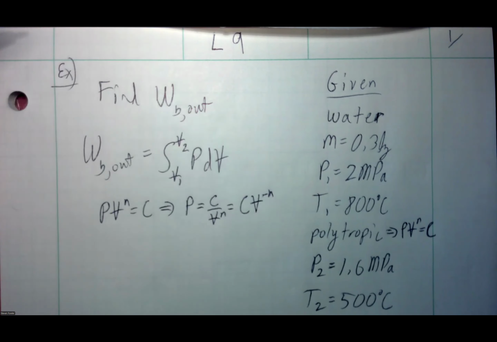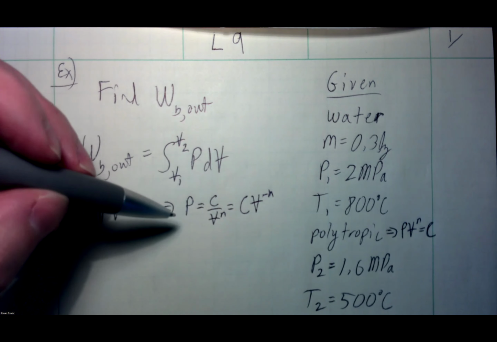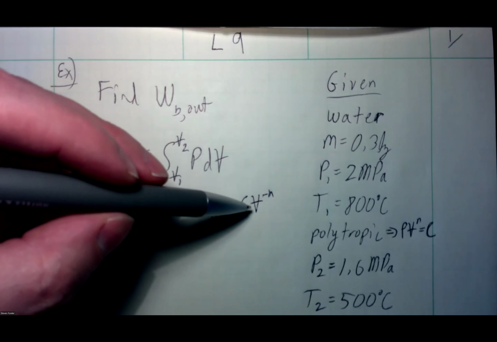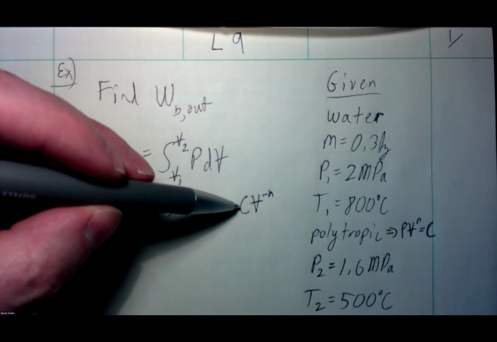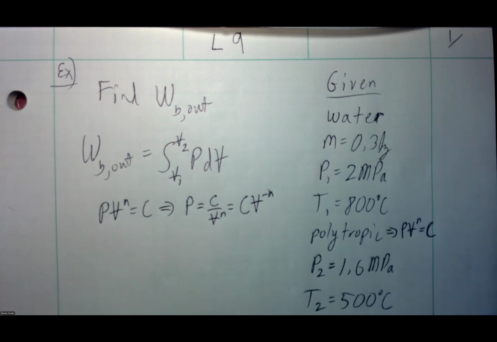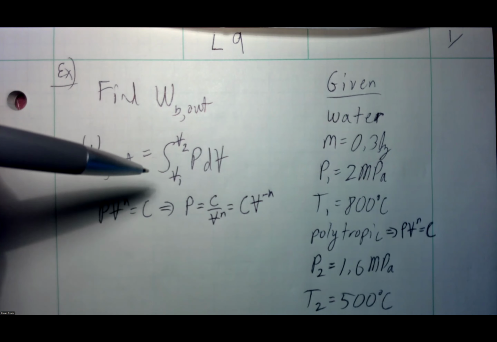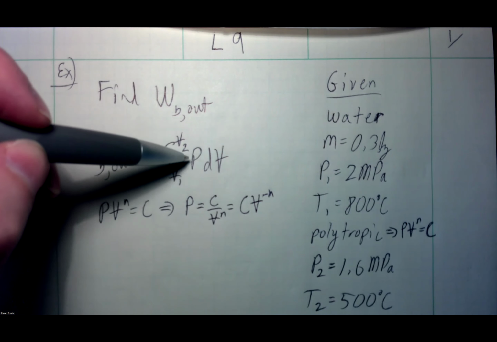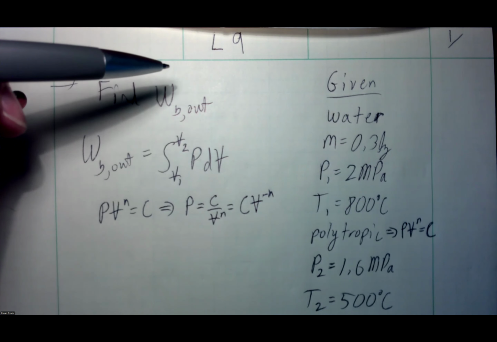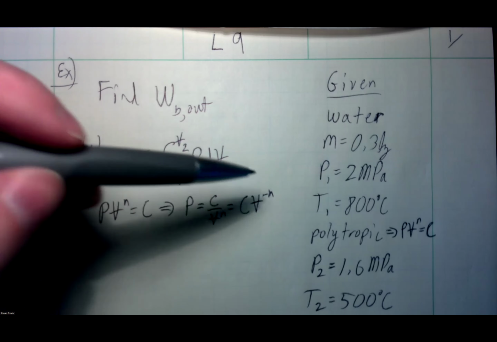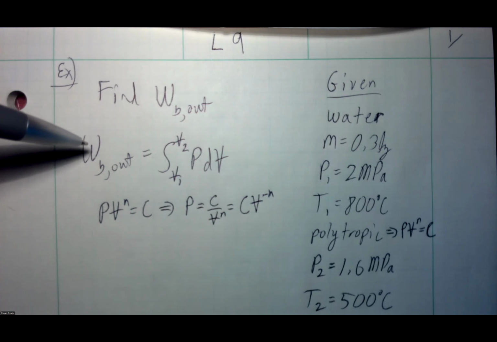However you want to write that, those are both mathematically the same. So I can plug in for pressure as a function of volume, a constant times V to a constant power. Now I need to know these constants. But what that tells me is I know these volumes, so long as I can find C and n, I can find the boundary work.